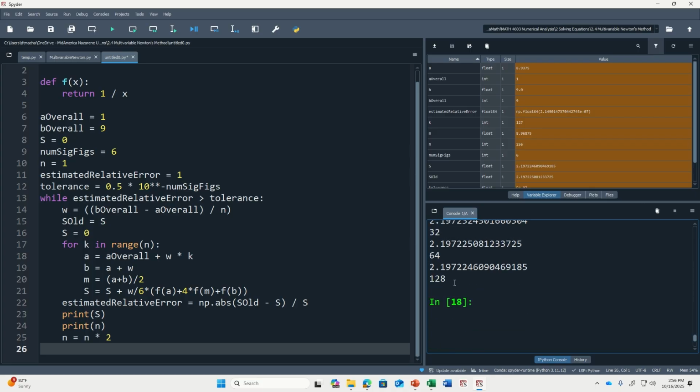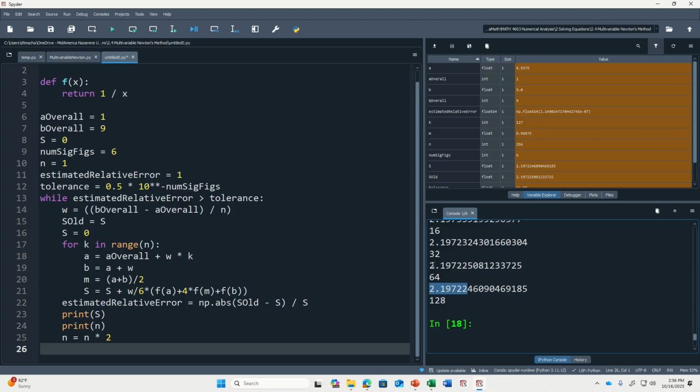But it took 128 subintervals from 1 to 9 in order to guarantee that these first 6 significant figures were accurate.